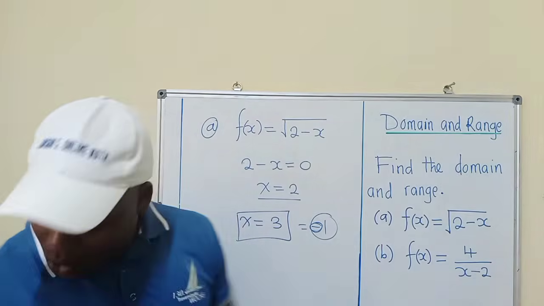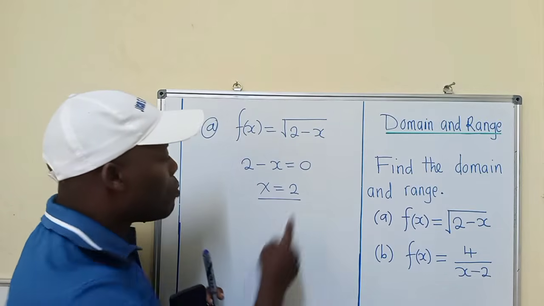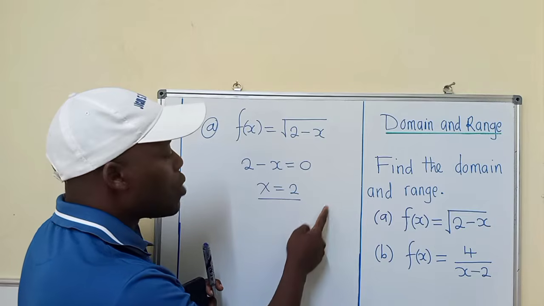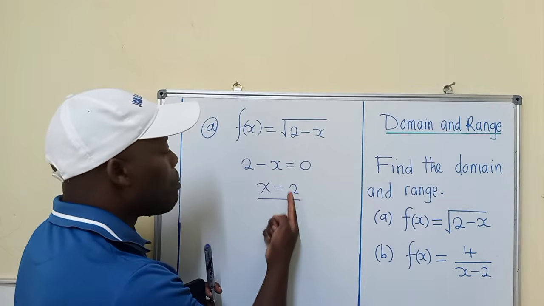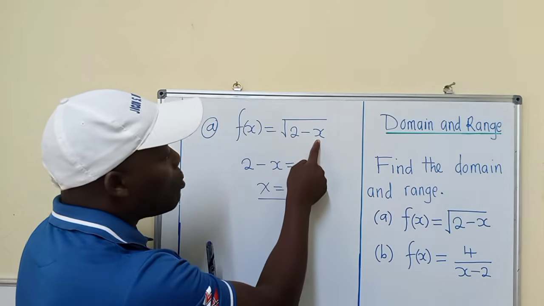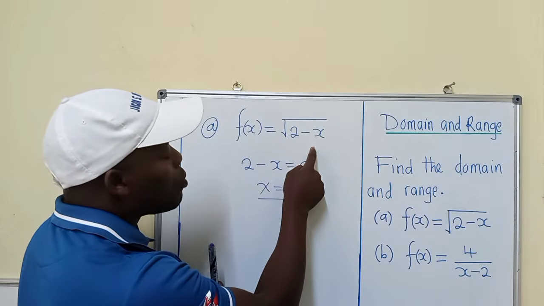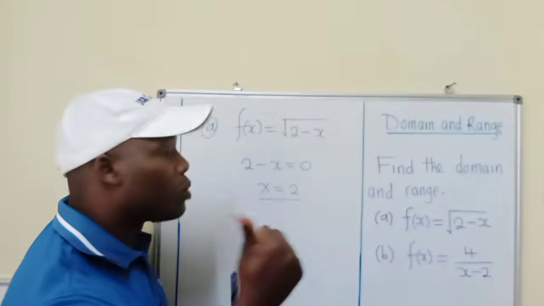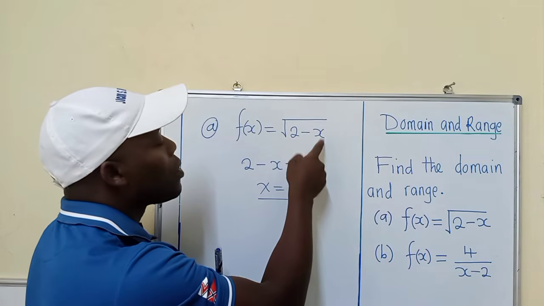So what we're going to do now is to test. We know that numbers bigger than 2 are refused. Any number that is bigger than 2 is refused. What about numbers less than 2? Our key is a 2, which is right here. If we put a 1 here, 2 minus 1 will be equal to 1, which is okay. That's what we want. If we put a negative 2 here, what are we going to get?